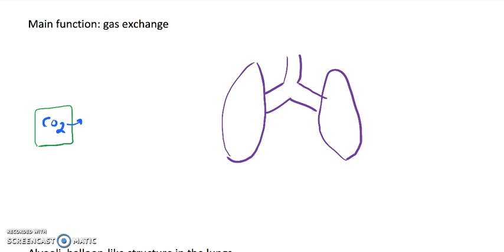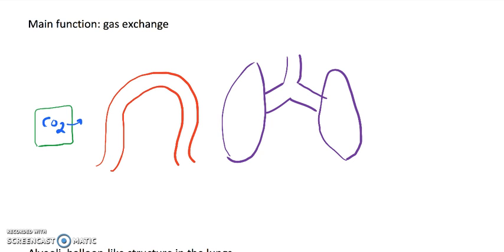And one answer is the circulatory system. So gases can travel in your bloodstream in one form or another. Then it could diffuse into your lungs, and this is how we can expel this gas as CO2.